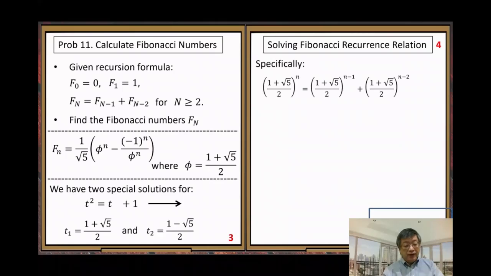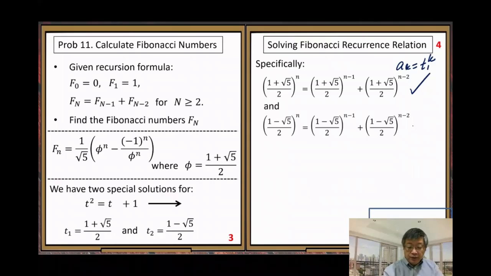The first one, T1: we make A sub k equals T1 to the kth. So we get this equality. It must be true, based on our solution. All right, that's for T1.